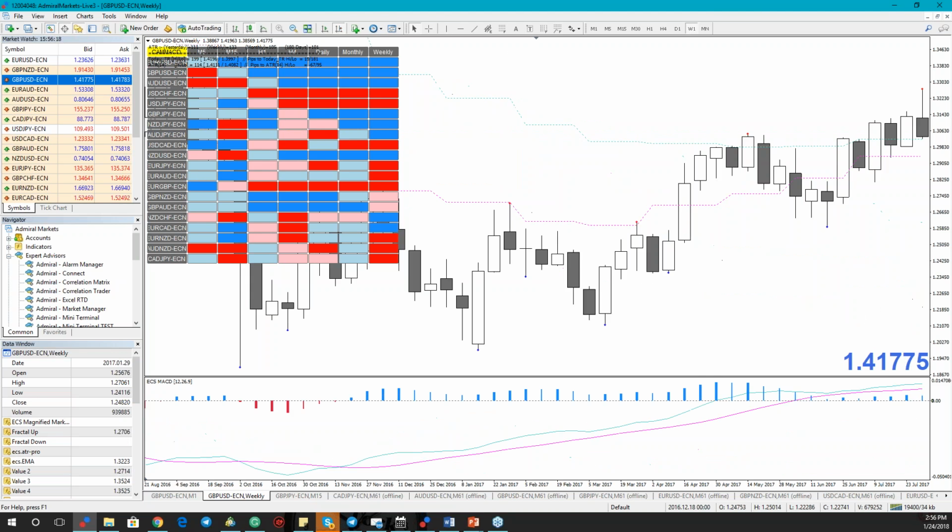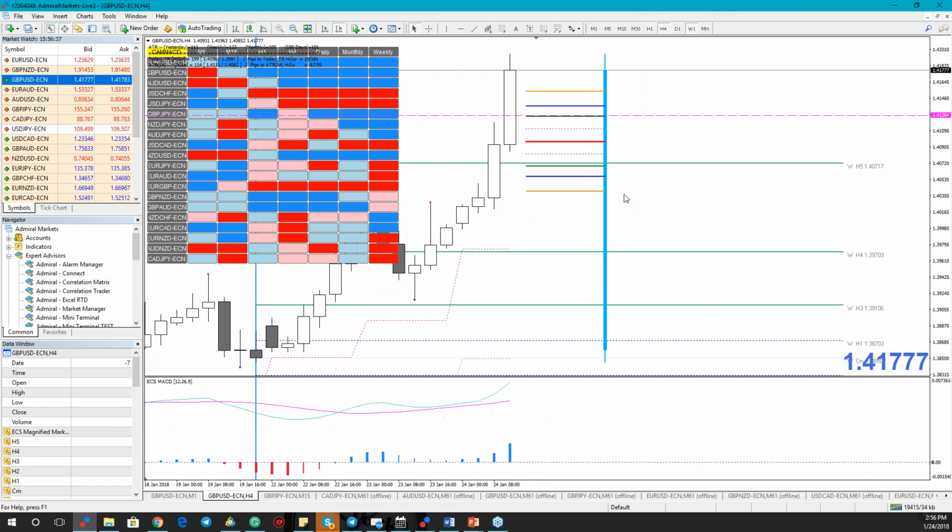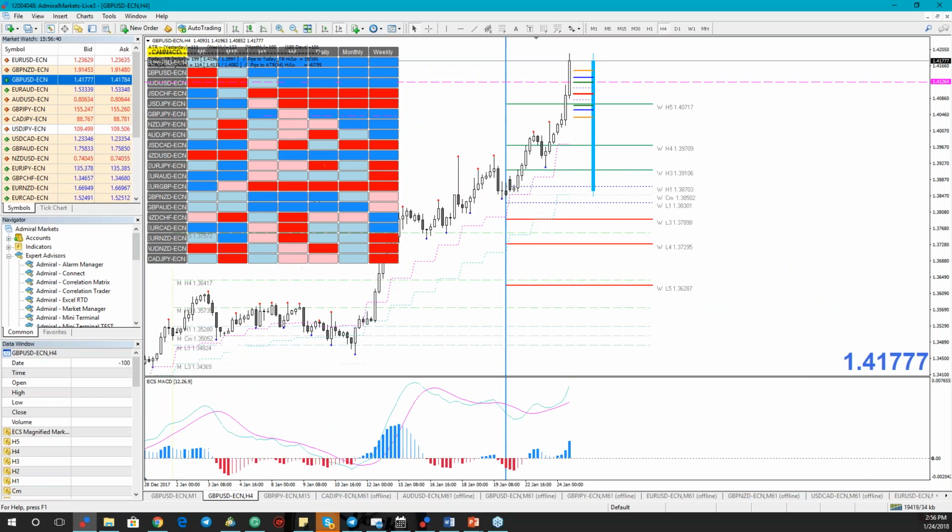But I think there is potential for a nice sell, because price is really trying to get towards that level. It's like a magnet.